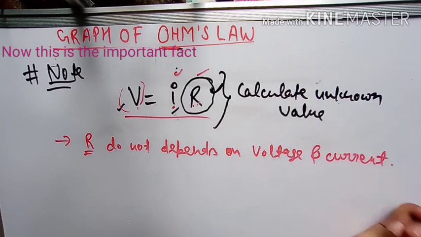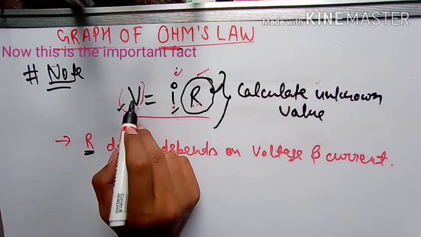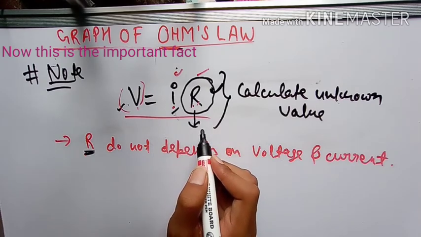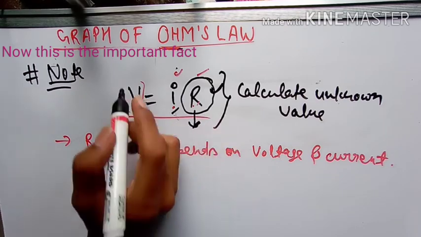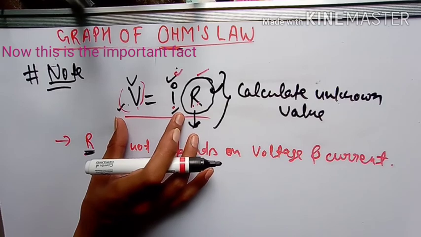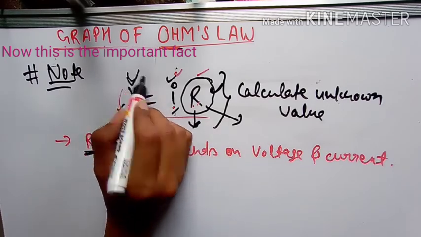In the next presentation I will tell you on which factors resistance depends, but right now you have to understand that resistance is not depending on V and I. Since R is the proportionality constant, okay, R is the proportionality constant and the values of V and I adjust themselves. Did you understand this? Resistance for a material remains the same, only the V and I change.